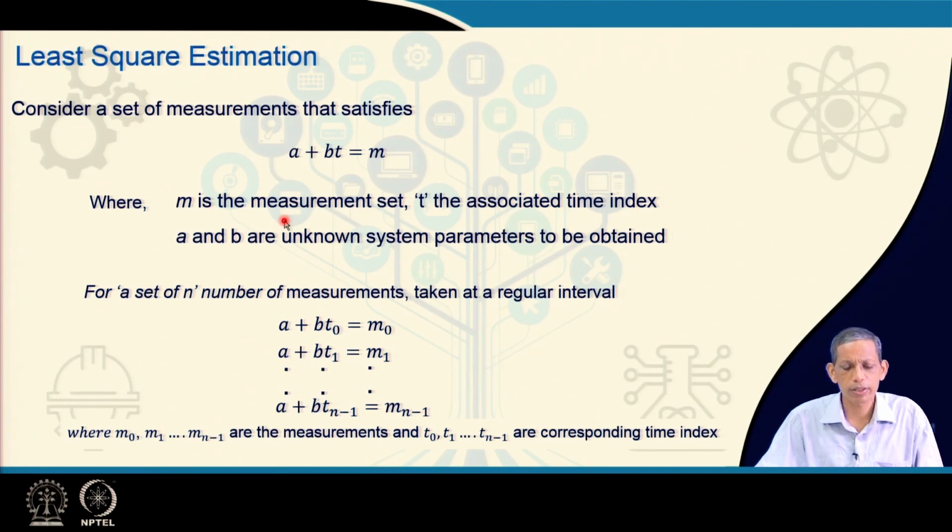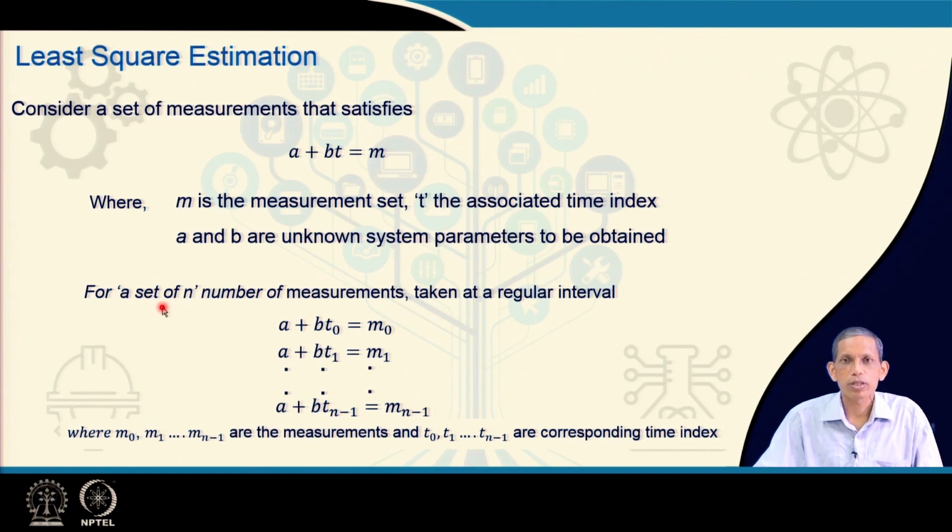In this case, we have a set of measurements at different times. Let us say we have n measurements, m 0 through m n minus 1, and the corresponding times at which we took these measurements are t 0 to t n minus 1.